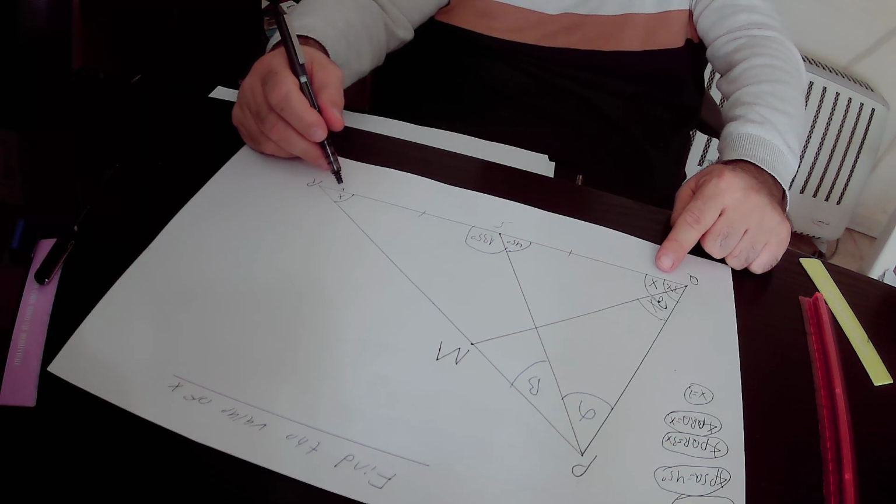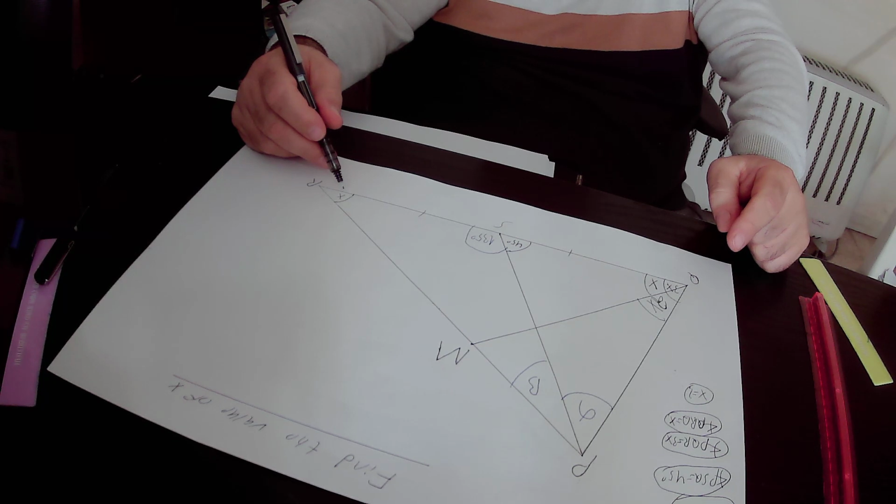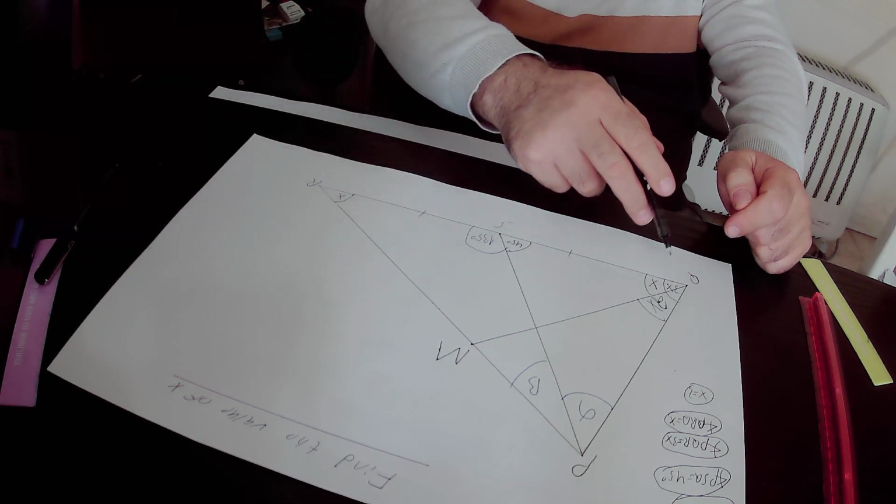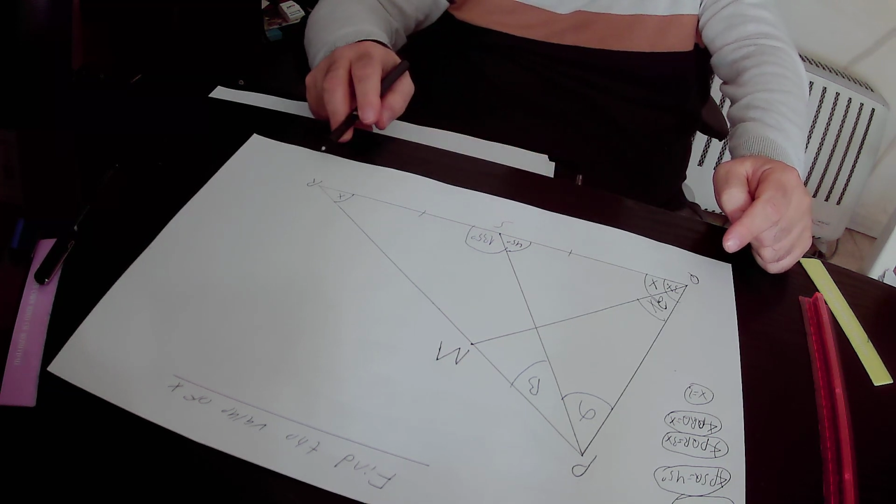Those two angles are both equal to x. Therefore, triangle QMR is an isosceles triangle, and the base of the isosceles triangle QMR is QR.